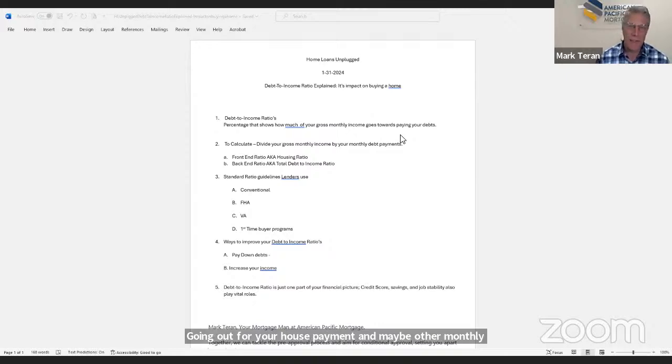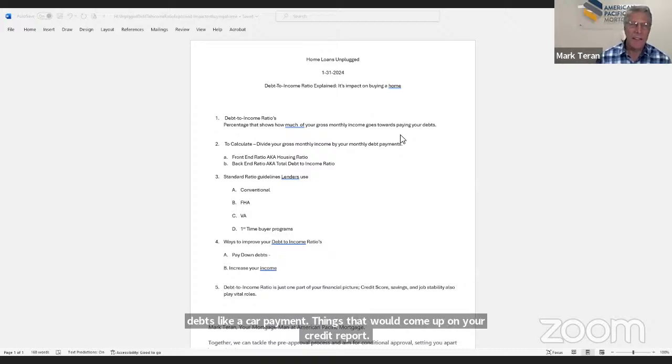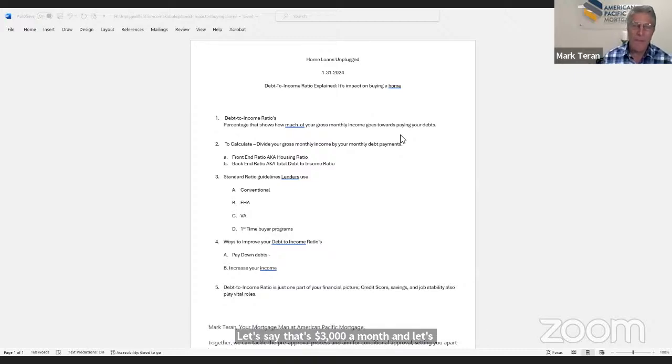Let's say that's $3,000 a month. And let's say that your gross income is $72,000 a year, which is $6,000 per month. So 3,000 divided by 6,000, we get a 50% total debt to income ratio. So it's calculated as simple as that.